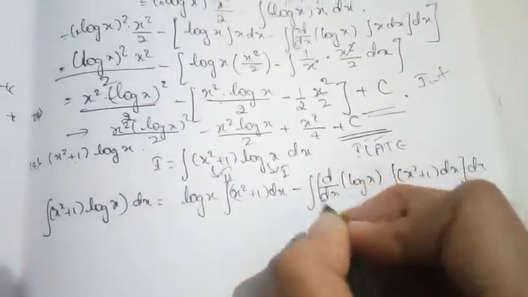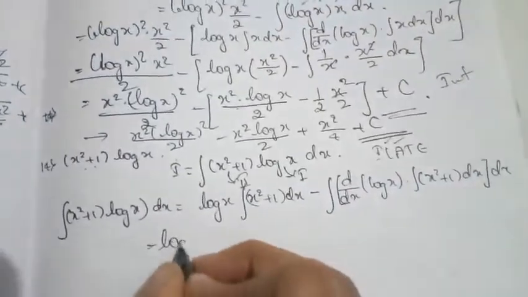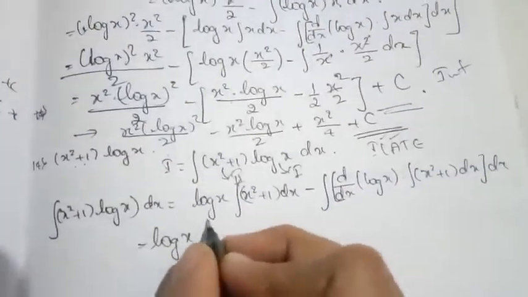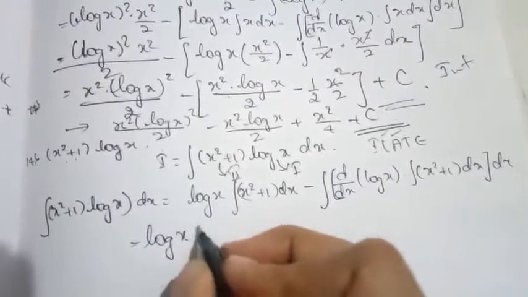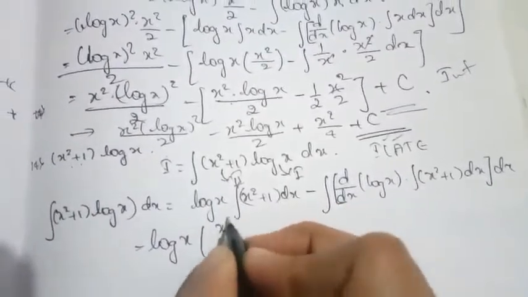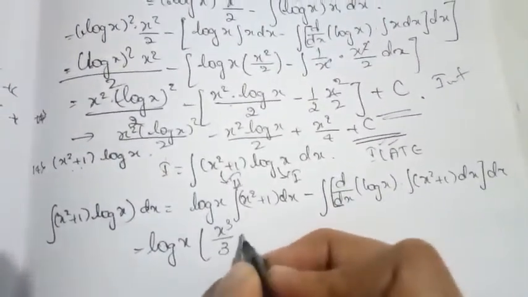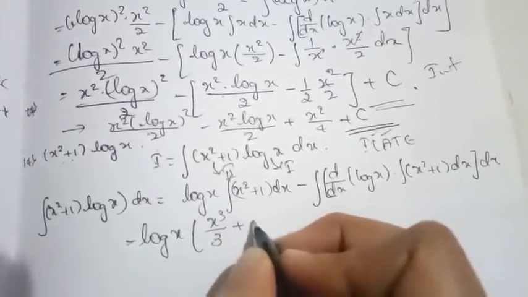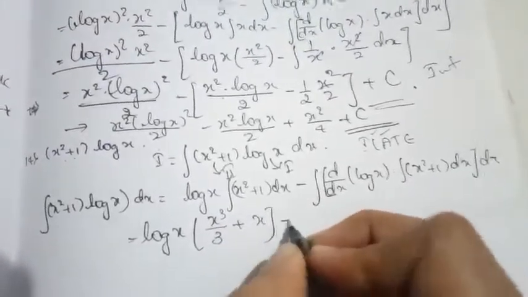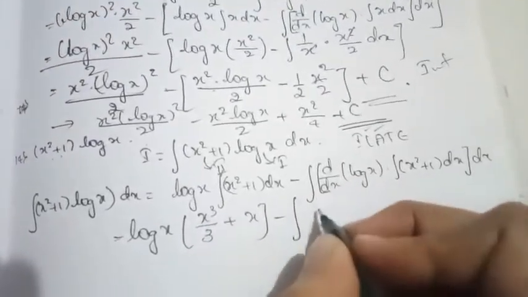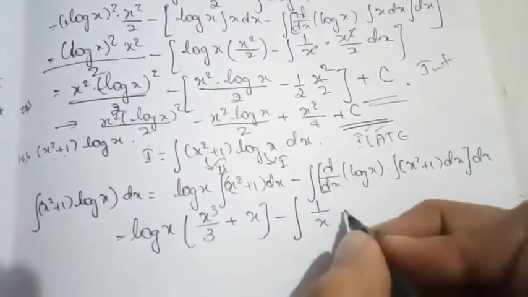So now what happened here? Log x as it is, integration of x square plus 1. What is the integration of x square? It is x cube by 3, plus what is the integration of 1 with respect to x? It is x. Minus integration. What is the differentiation of log x? It is 1 by x.